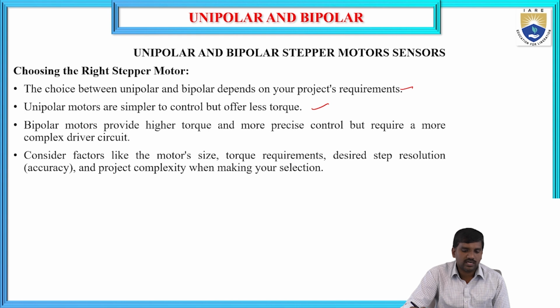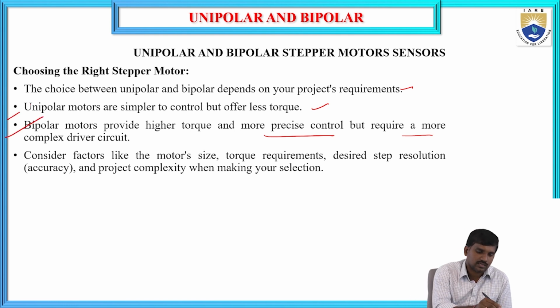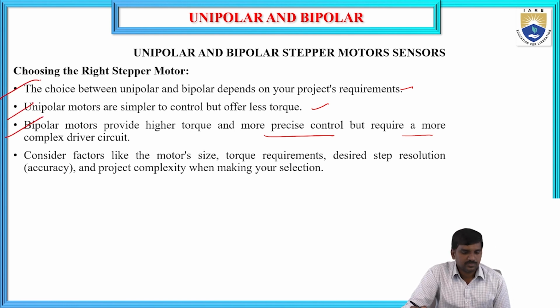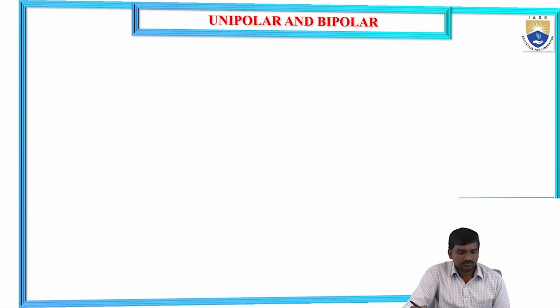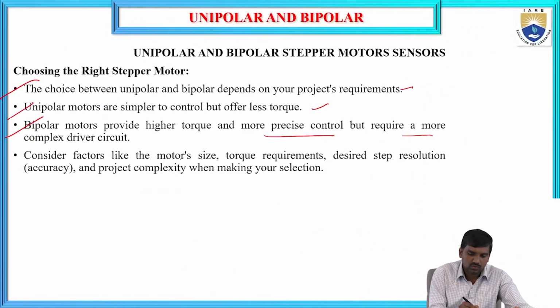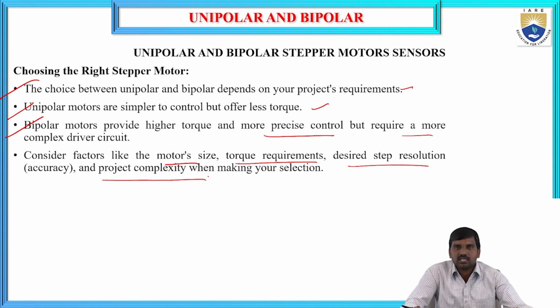Bipolar motors provide higher torque and more precise control, but require a more complex driver circuit. Consider factors like motor size, torque requirements, desired step resolution, and project complexity when making your selection. So this is the fourth point for choosing the right stepper motor to develop an IoT project.